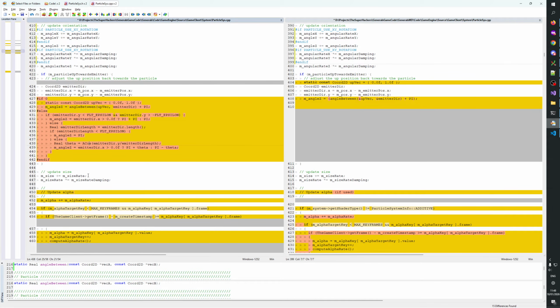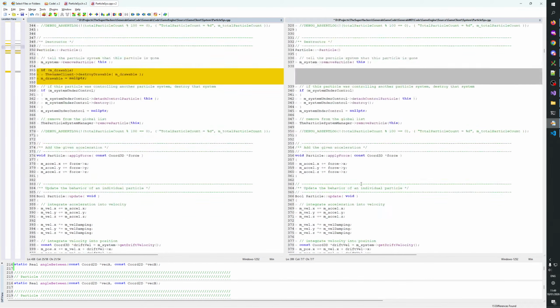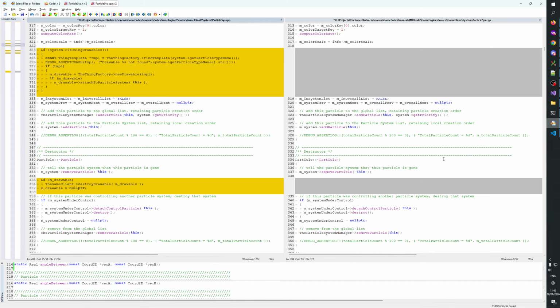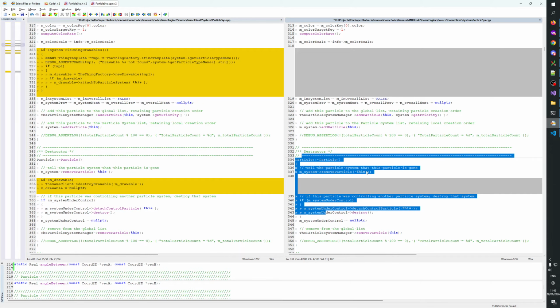Okay, that looks a bit strange. Let's skip that for now. So drawable, that one was removed.